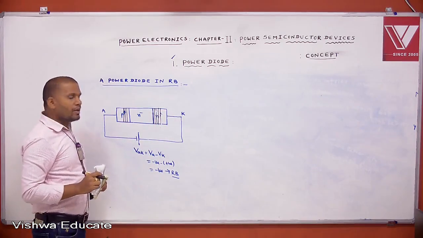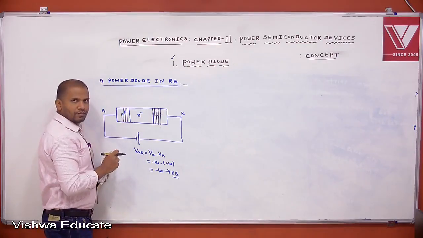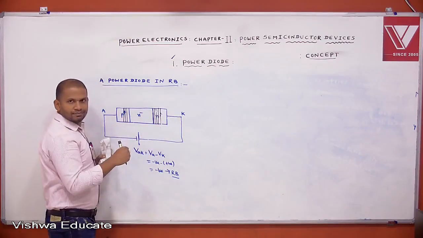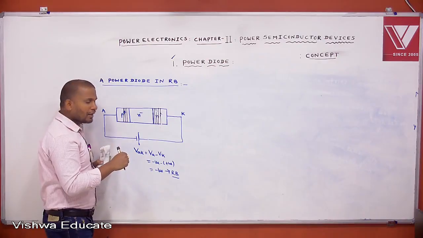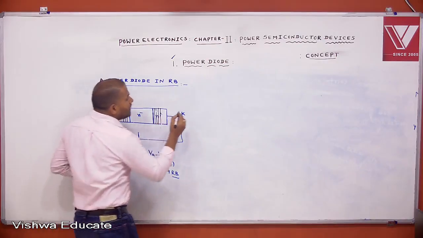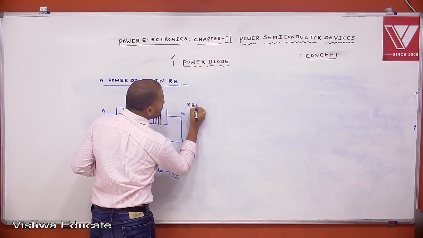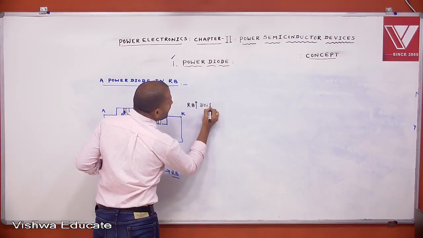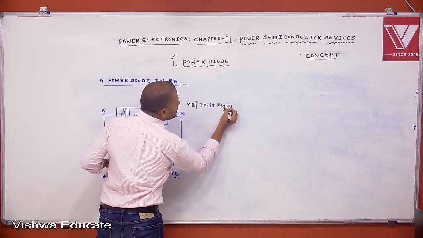That means if the reverse voltage is continuously increased, the drift region increases. Understood that?